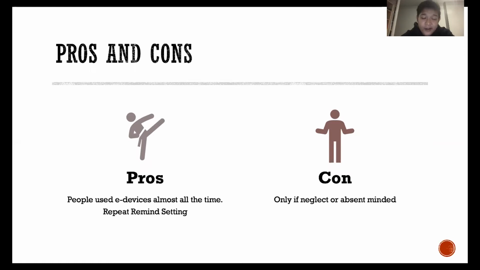Another thing is the repeat reminder setting, which allows people to be reminded many times a day. There is only one con, which is if the person neglects to check the product, or if the person is easy to forget.